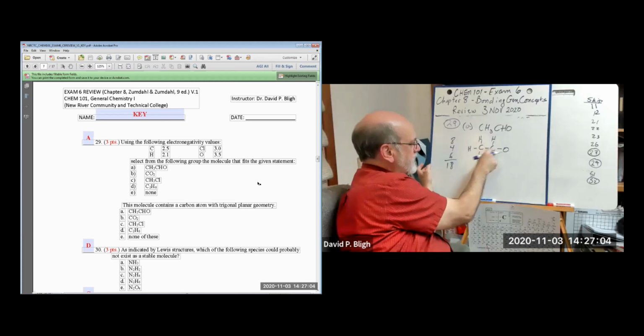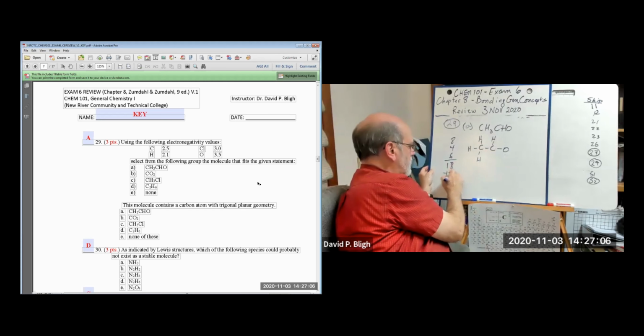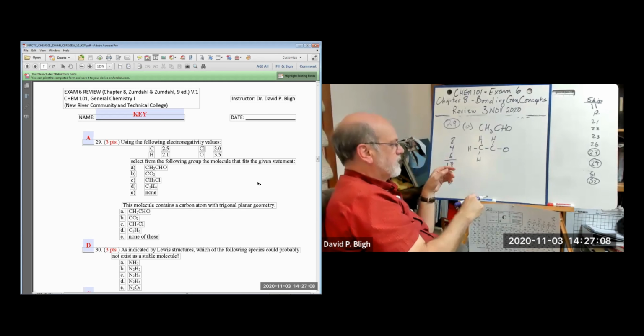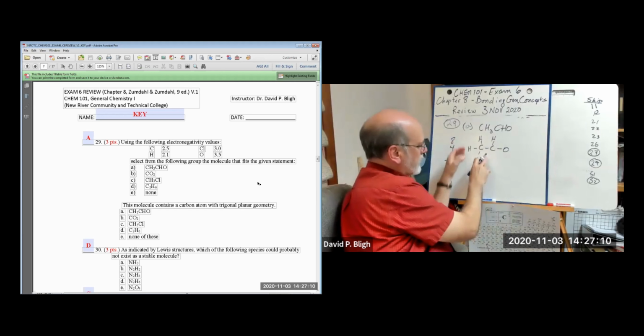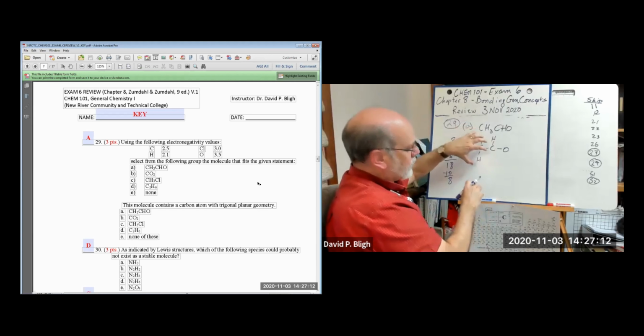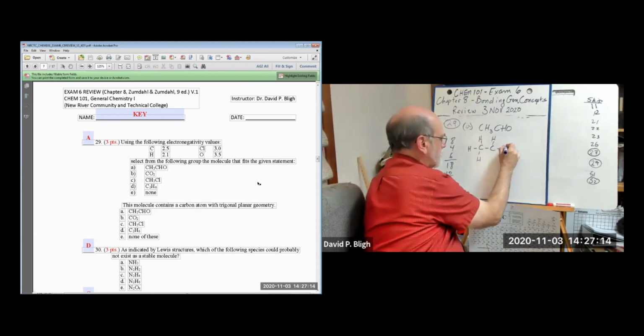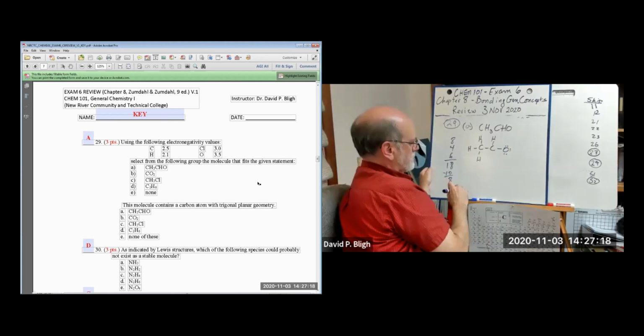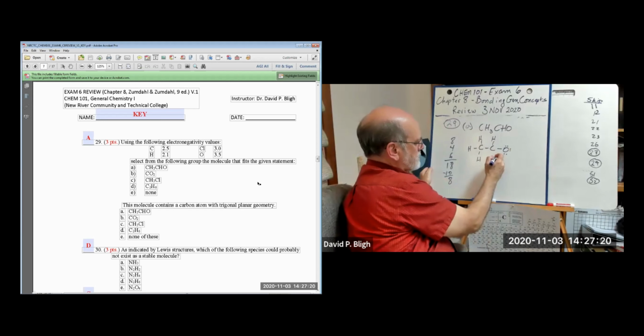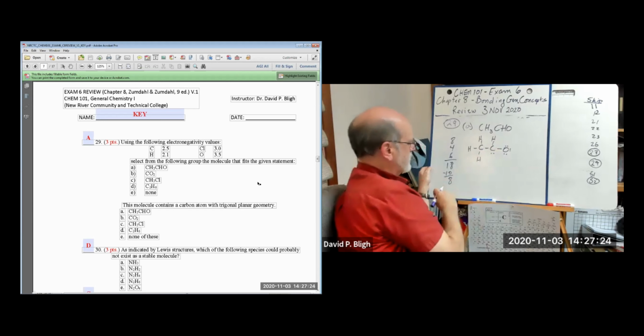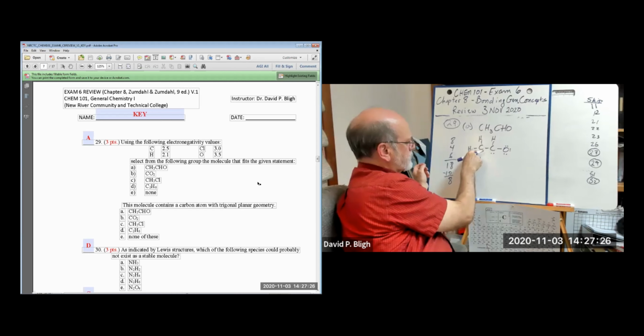Subtract 2, 4, 6, 8, 10. 8 electrons. So we start from the outside and work our way in. Can't do anything on this one. It's already covered. 2, 4, 6, and 8. Is that right? 1, 2, 3, 4. Okay.